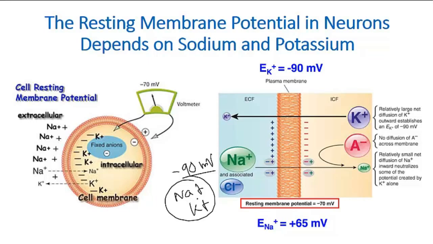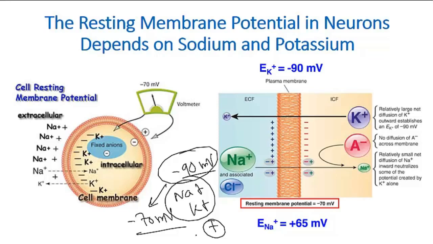So the potential here will be a little bit more positive than minus 90 millivolts, because now not only is potassium moving in, but sodium is also moving in, right? So it shifts the resting membrane potential from minus 90 to minus 70 millivolts.